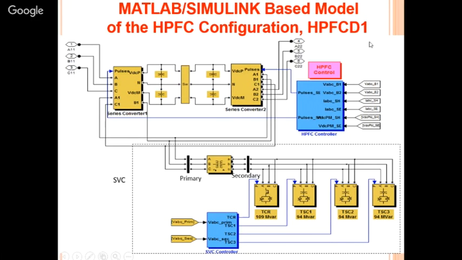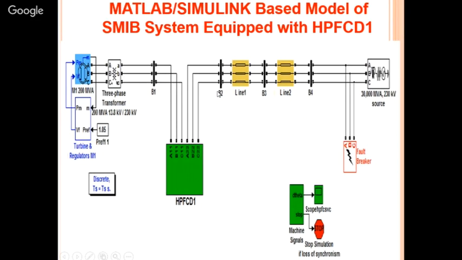Now we will implement this HPFC D1 into our single machine infinite bus system. This is the single machine infinite bus system in which we have placed our HPFC on the sending end side.